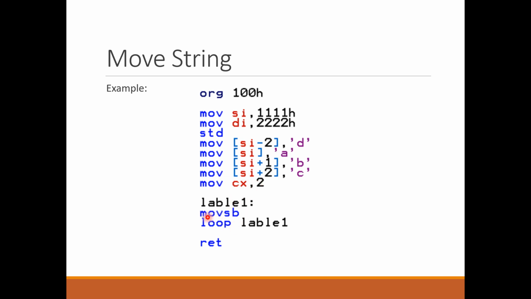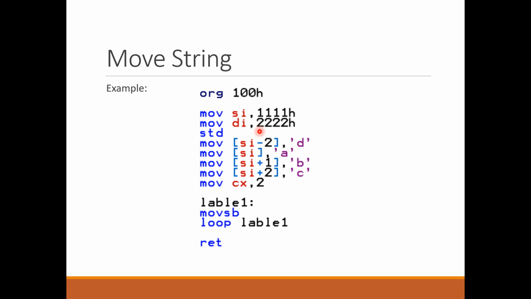So the first time you are saying MOVSB, that means move string only 1 byte. We are going to send the data from the source to the destination. So this value here, which is A, is going to be stored in this offset. The segment value is going to be the extra segment.